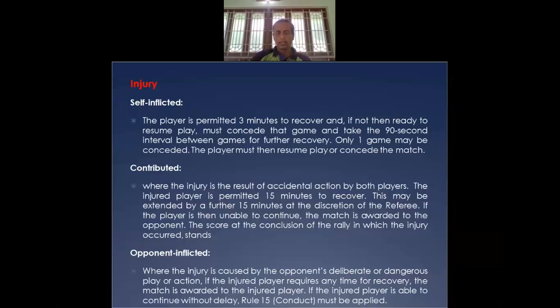Sometimes players show the referee that they're making enough effort to go to the ball, but in the process they take the other player off, which is opponent inflicted. That is the situation of the incoming player.